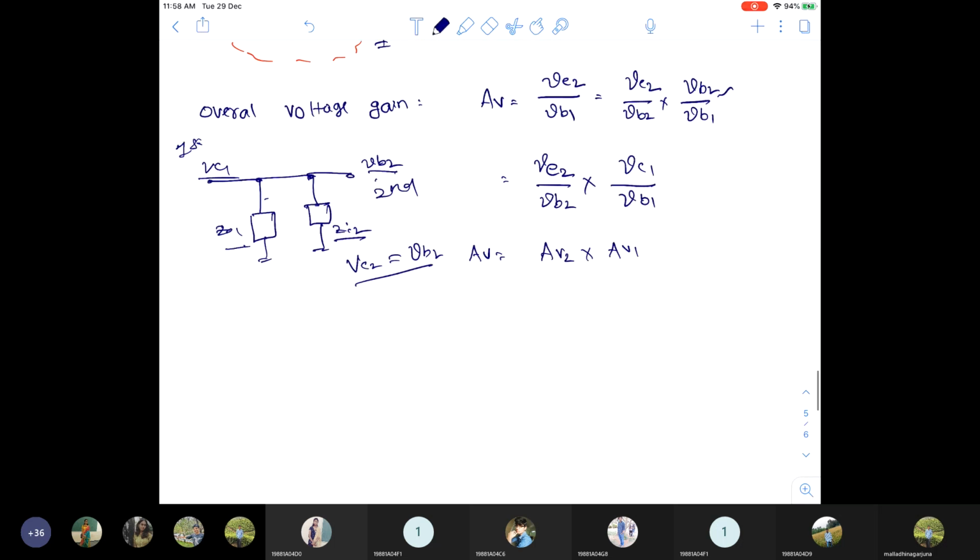Similarly, the overall current gain AI is equal to IL by IB1.